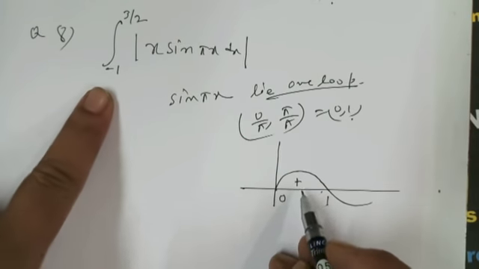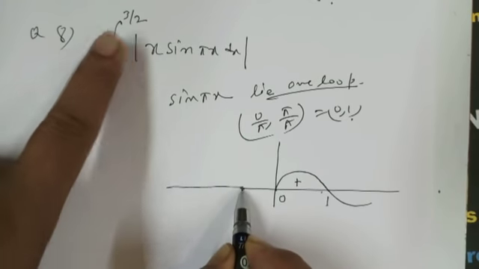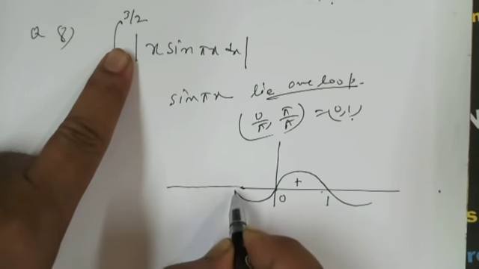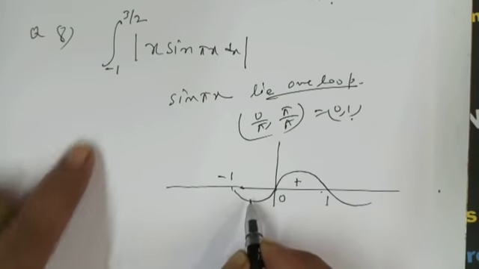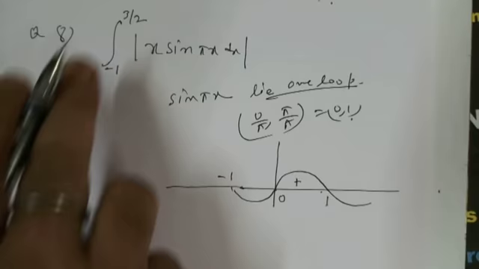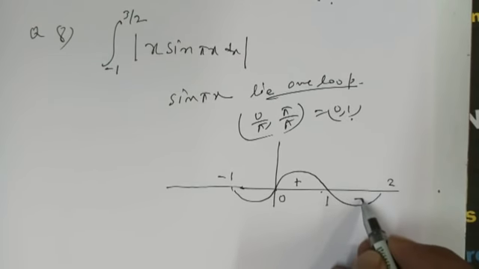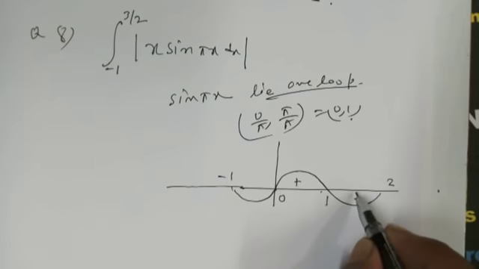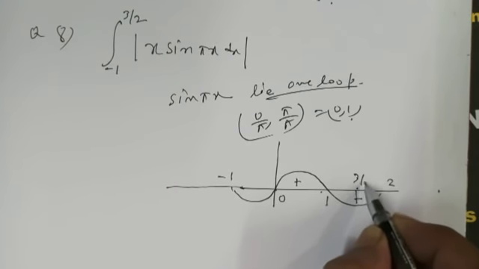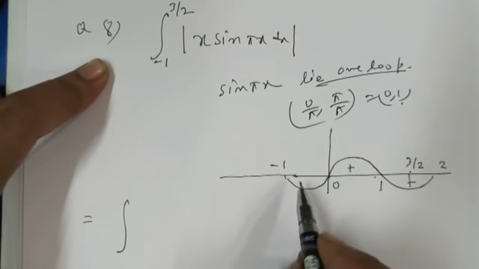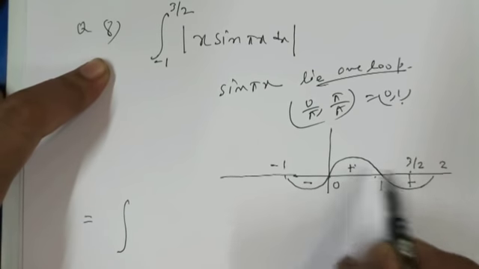Here the interval is -1 to 3/2. So there is one loop back at -1. From 1 to 2 it will be negative, but 3/2 is 1.5.